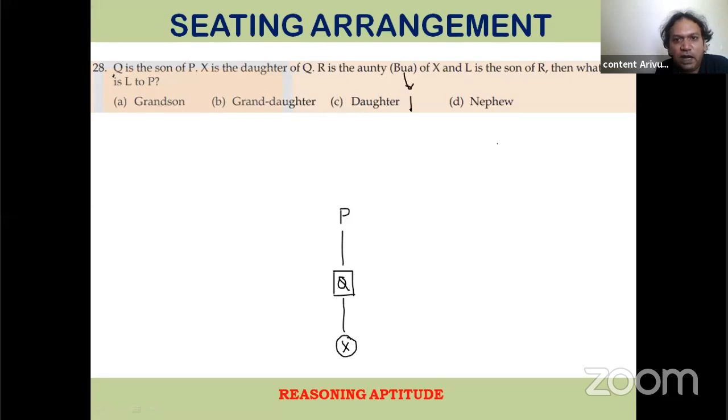Bua means paternal aunt, in case you don't know. So R is the paternal aunt of X. Father's paternal aunt means what? It means father's sister.